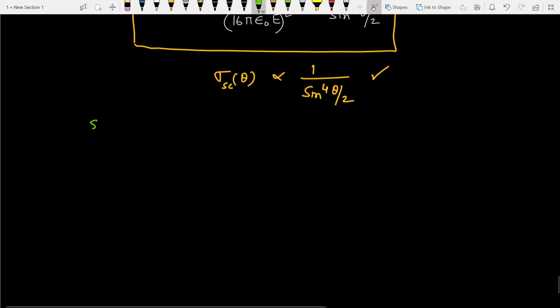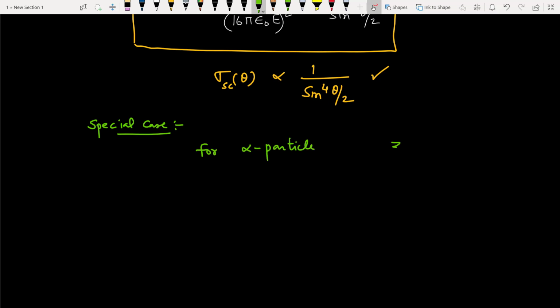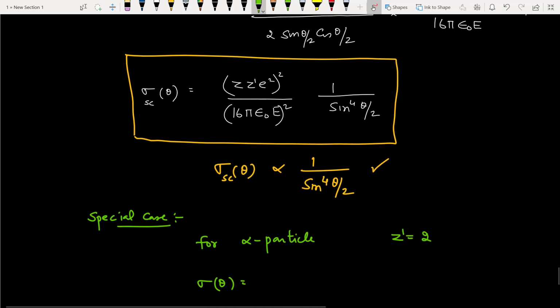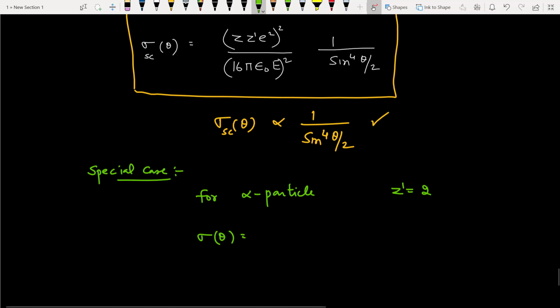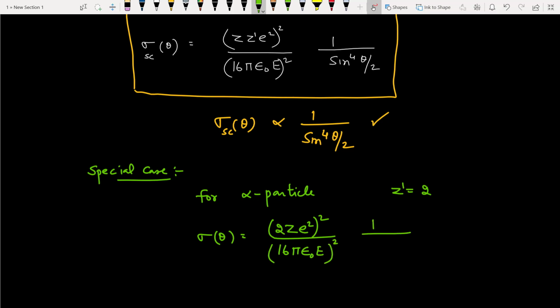Now we do a special case, because Rutherford scattering was mostly studied for the alpha particle. So for the alpha particle, we simplify this relation. Z dash is equal to 2 for the alpha particle. So sigma theta comes out to be 2ze square upon 16 pi epsilon naught e, 1 by sine raised to power 4 theta by 2.